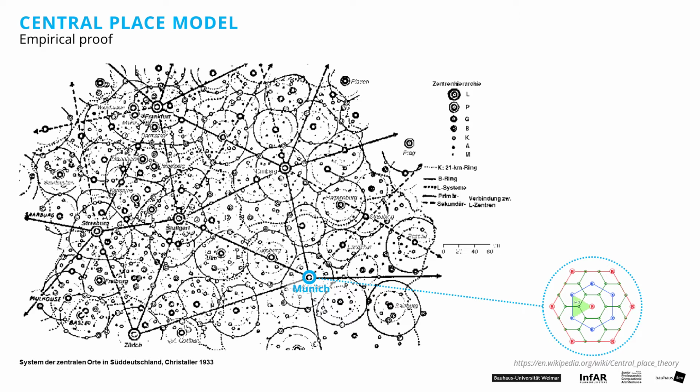So all these aspects can distort this ideal pattern, but the spatial hierarchy and the general arrangement of these centers as described in the model, you can find them in this pattern, so it's evident that this model works in this case.